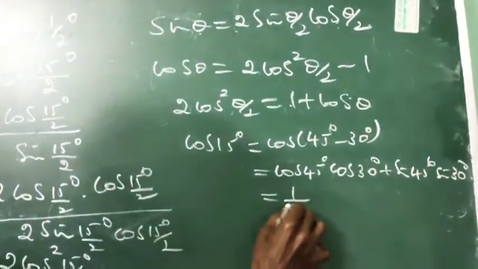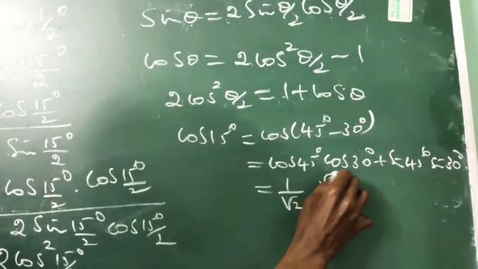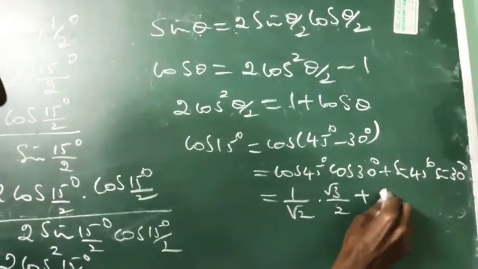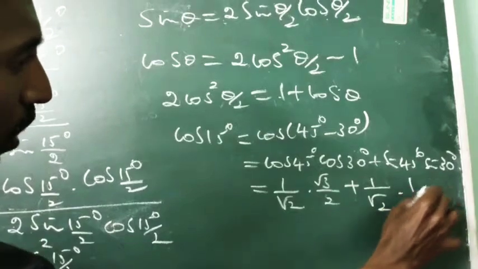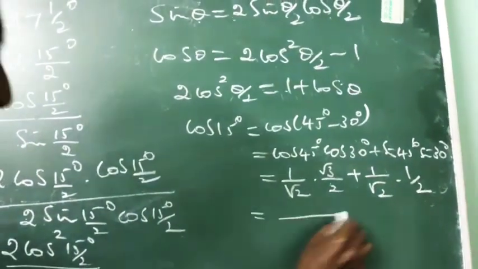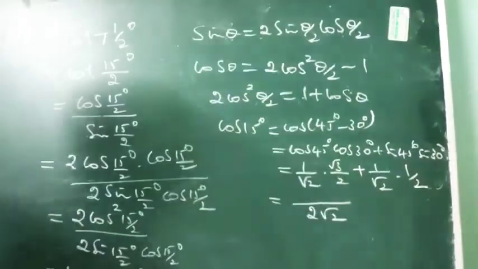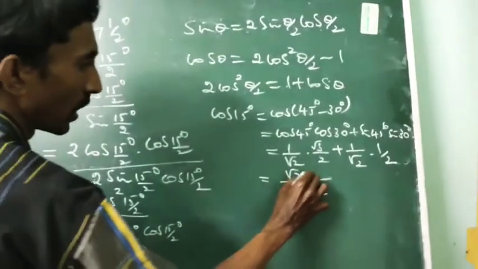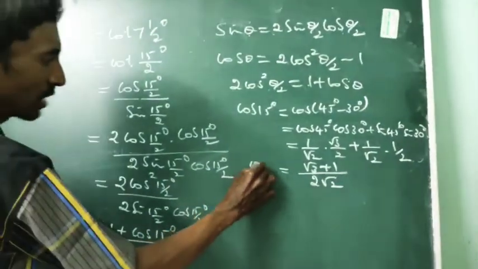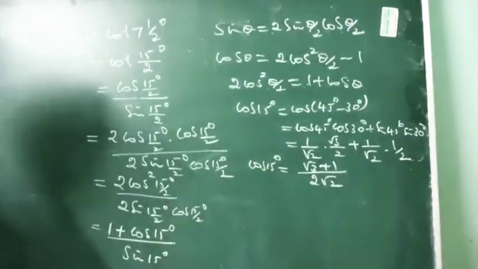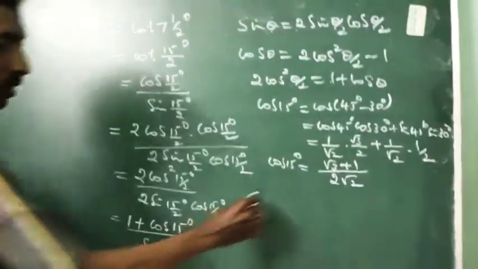So we get 1 by root 2 into root 3 by 2 plus 1 by root 2 into 1 by 2. The denominator is the same, 2 root 2, and the numerator is root 3 plus 1. So cos 15 is root 3 plus 1 by 2 root 2.